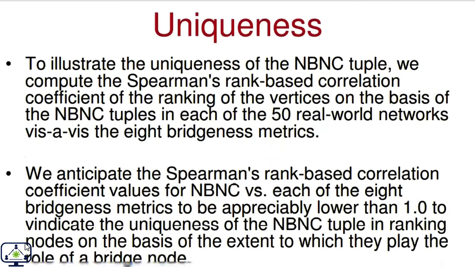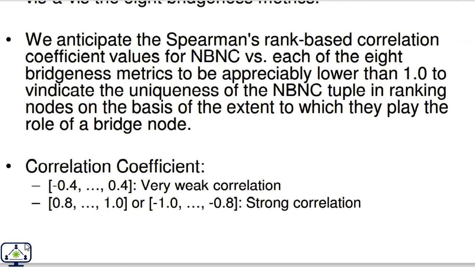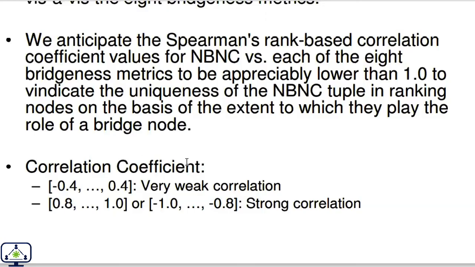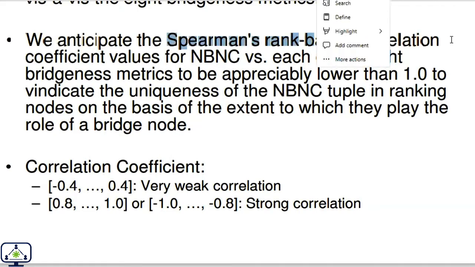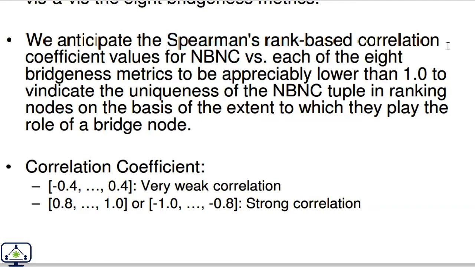The last one is uniqueness. In order to again highlight that this approach is identifying the bridge nodes in a way that is not done by the existing metrics, as I said, we can rank the nodes based on the tuple and the other metrics as well. And I computed the Spearman's rank-based correlation coefficient of these rankings.